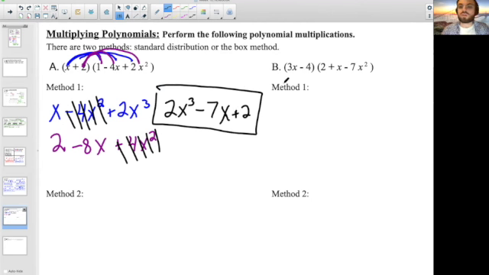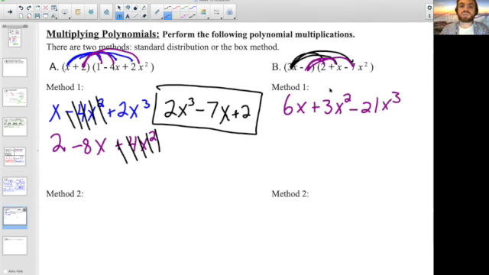All right. So now I'm going to do the same thing with the other. Distribute, distribute, distribute. All right. So that being said, when we distribute here, we get 6x plus 3x squared minus 21x cubed.